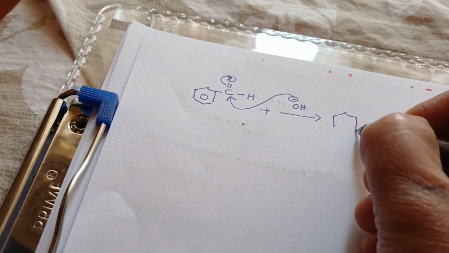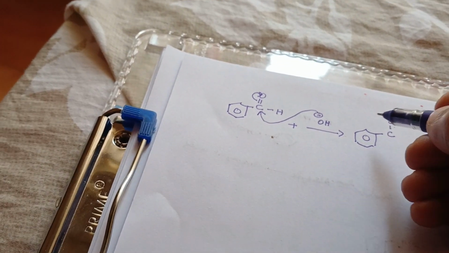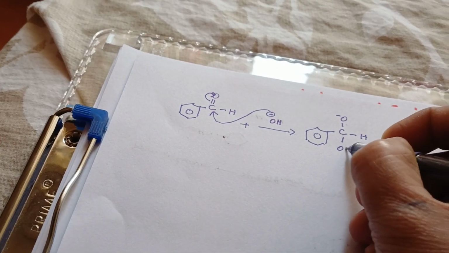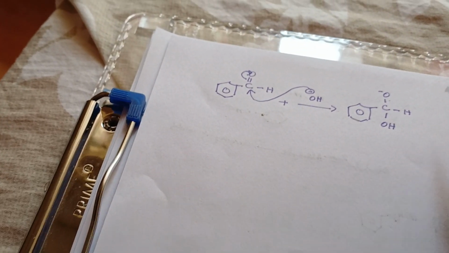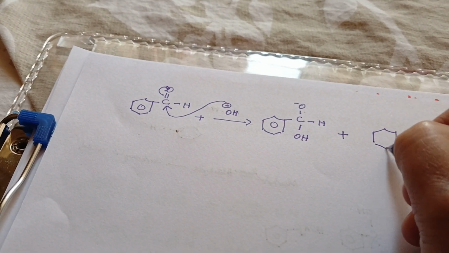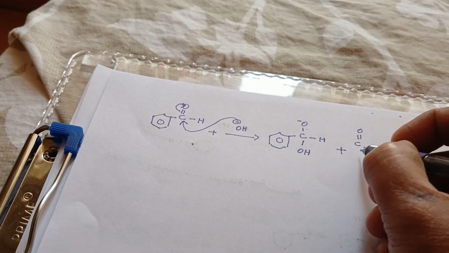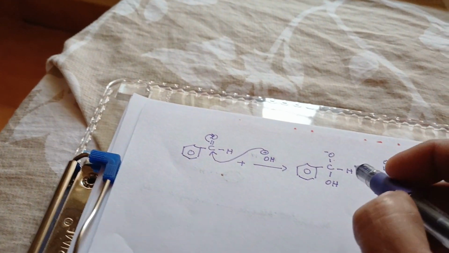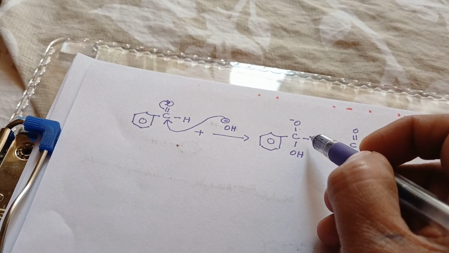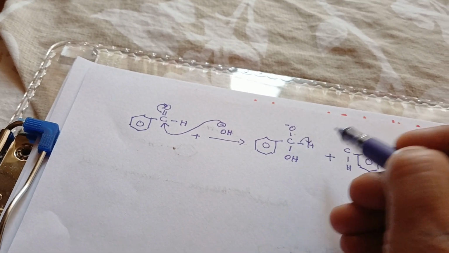Now you will have O minus, and here you have this H, and this OH will come and attach here. Now there is another benzaldehyde molecule, so on this I have C double bond O, H. Now this is a very unstable ion, an alkoxide ion, so it will send out this hydrogen as a hydride ion.